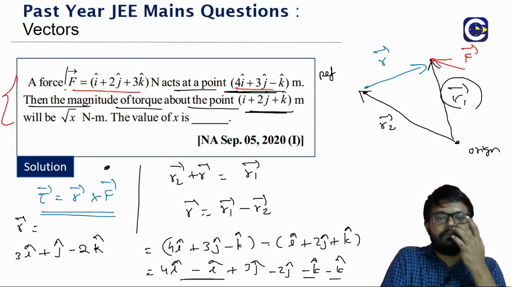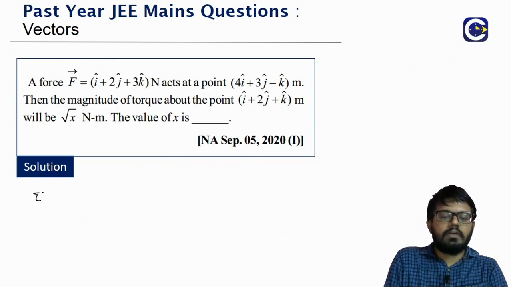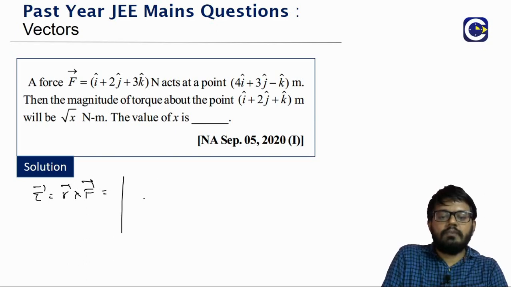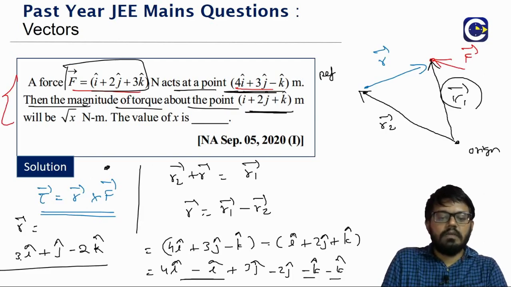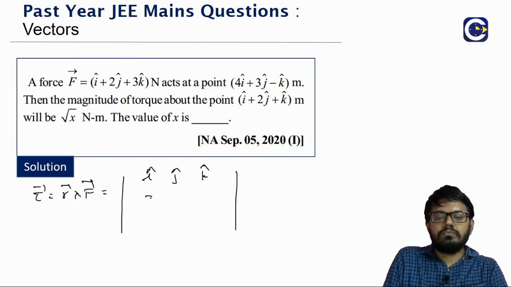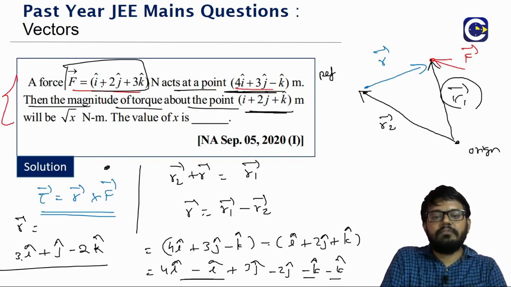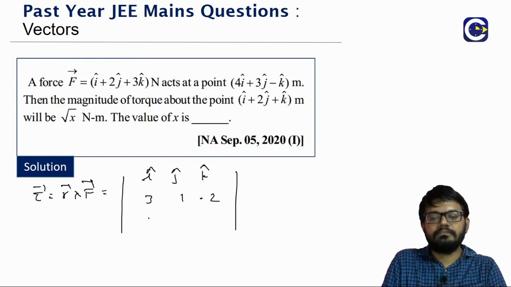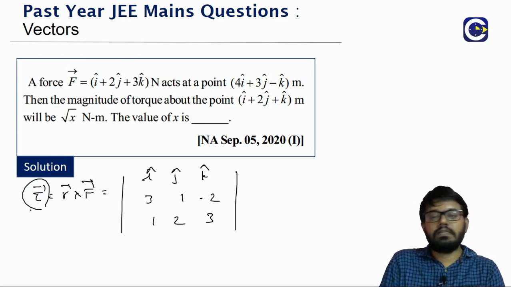Already we have f. Now what is the cross product? Torque is r cross f, and we can use the determinant formula. i, j, k, then the components of the first vector r: 3, 1, minus 2. Then the components of the second vector f: 1, 2, 3. When you expand the determinant, we will know the torque in vector notation.